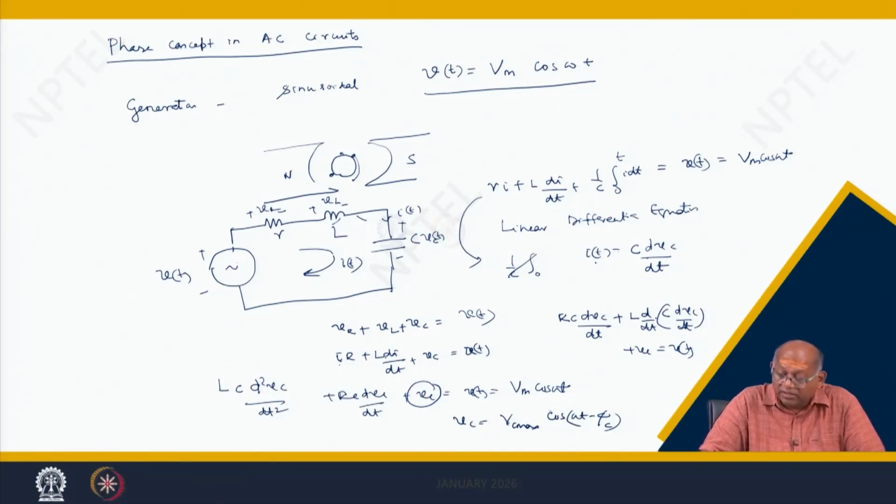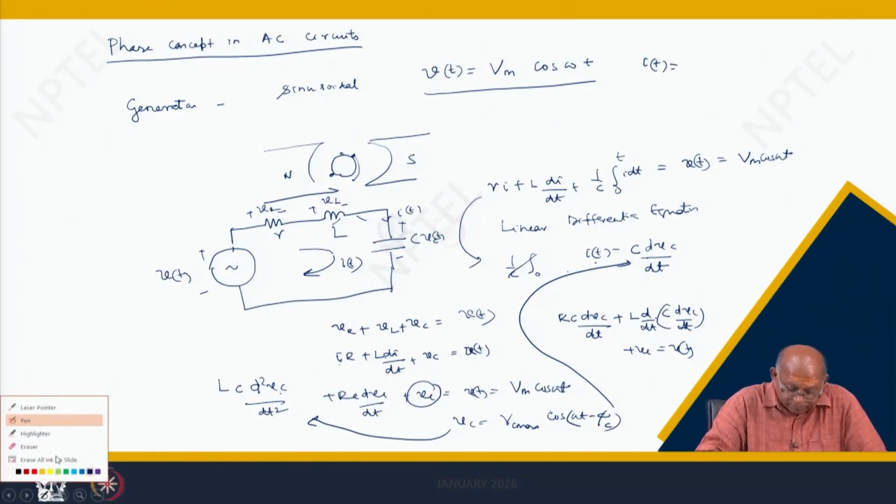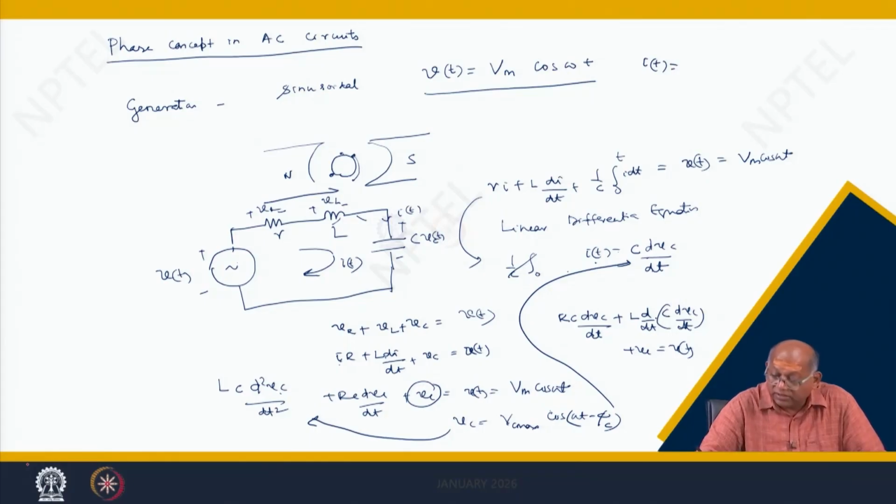We can take this solution and plug in here, and you can find out V c, and once you know V c you can find out I t. So, if you plug in here, you will find the I t solution will become some I max cos omega t minus phi.